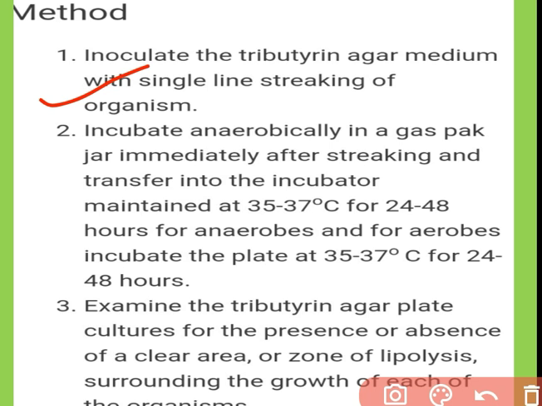After inoculation, for anaerobic organisms, incubate the plate under anaerobic conditions in a gas pack at a temperature of 35 to 37 degrees Celsius for 24 to 48 hours. For aerobic organisms, incubate the plate at 35 to 37 degrees Celsius for 24 to 48 hours.